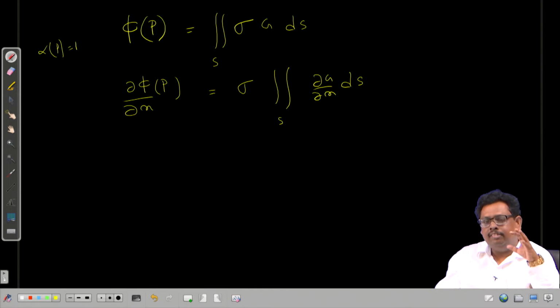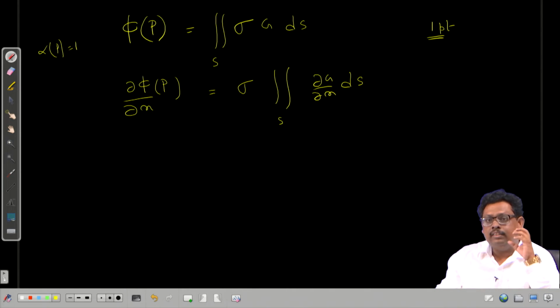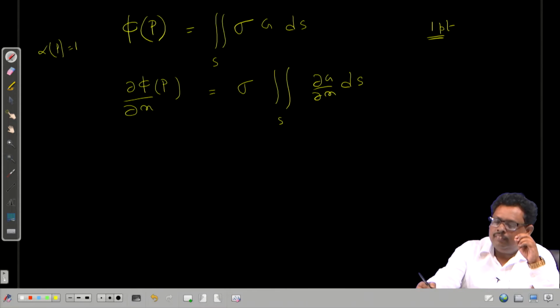Now, if you remember, if I try to do this with our lower order panel method, and take the 1 point Gauss quadrature rule, then what is our strategy?